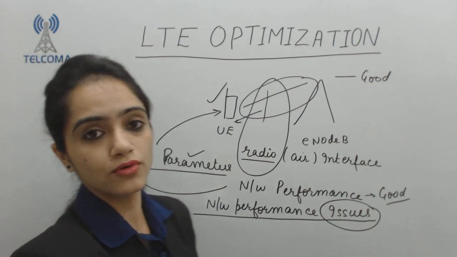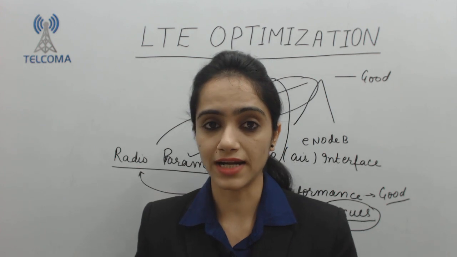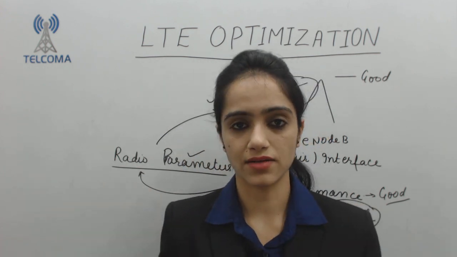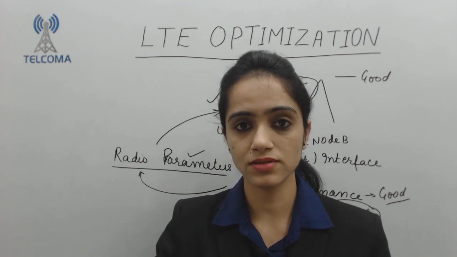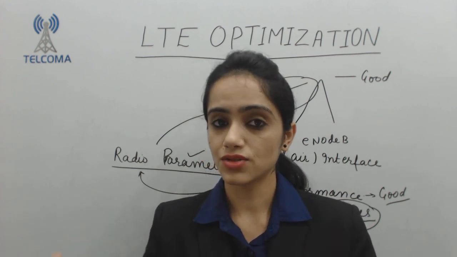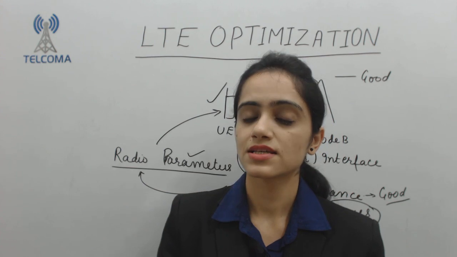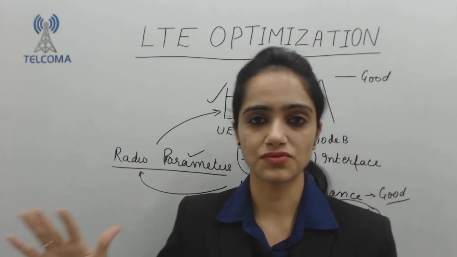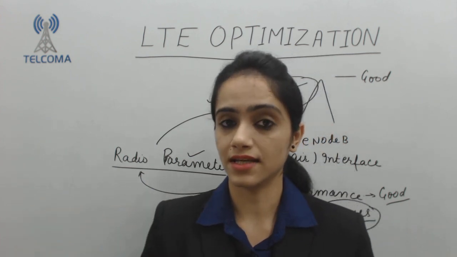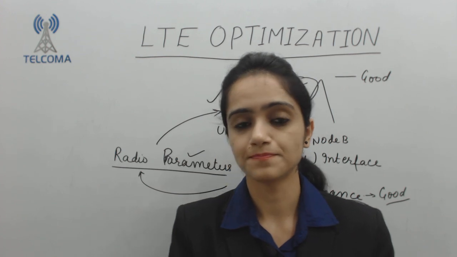Now I want to remove that issue. The removal of those issues is basically with the optimizer. That means to optimize the network, to find out the particular values, to check out the solutions for how to remove particular issues in the network. So that is the work of optimization. You are going to remove all issues which we are facing in the network: to find out the problems and to find out their solutions.